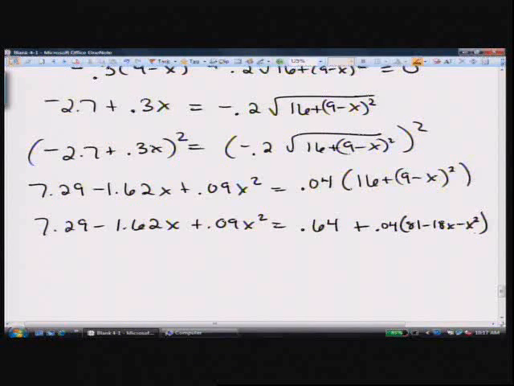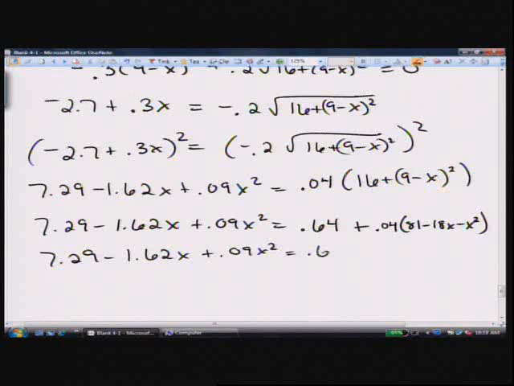So we did end up having to do it, like you said. 7.29 minus 1.62x plus 0.09x squared equals 0.64 plus, what's 0.04 times 81? 3.24, minus 0.04 times 18, 0.72x, minus 0.04x squared.